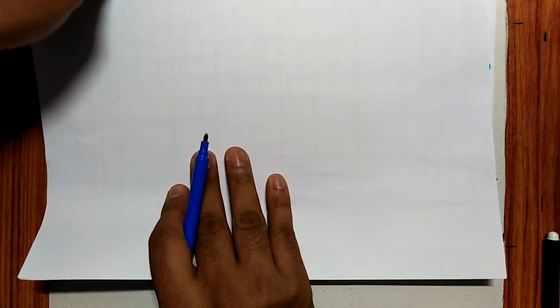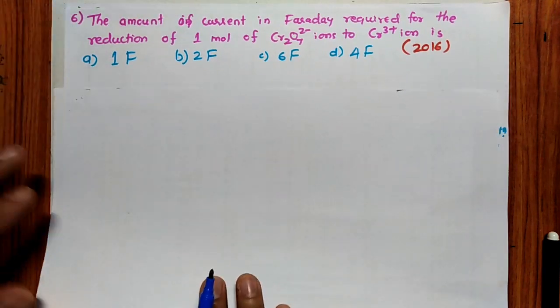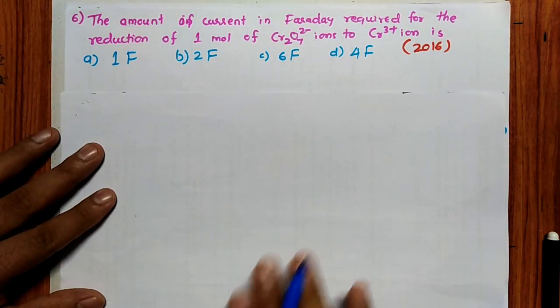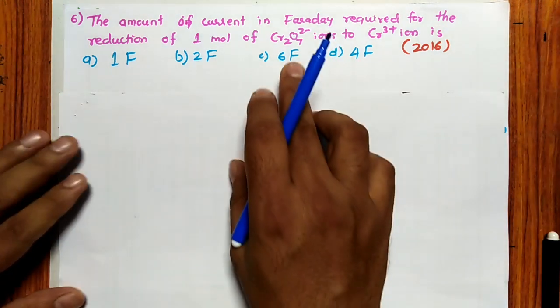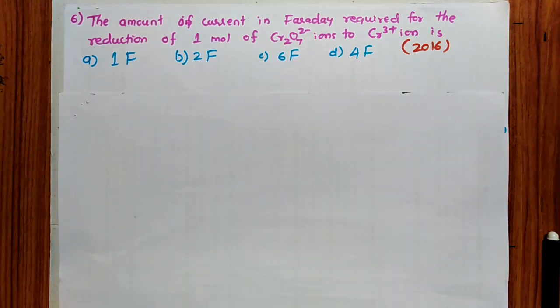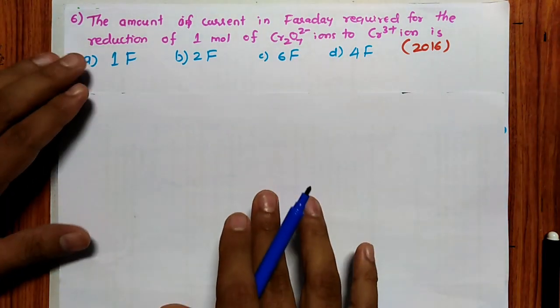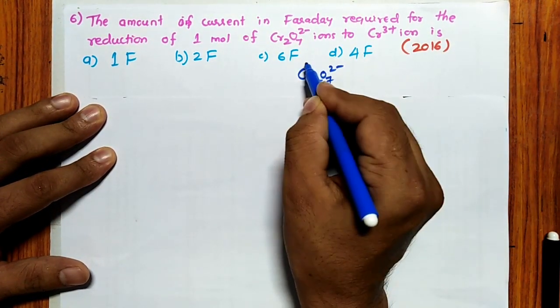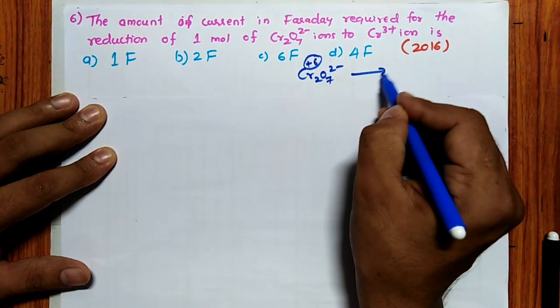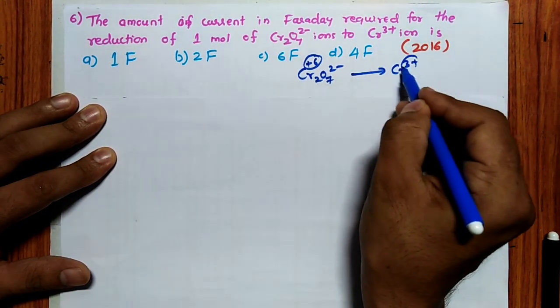Then next, the sixth question. The sixth question is once again on Faradays. The amount of current in Faraday required for the reduction of 1 mole of Cr2O7 2 minus ions to Cr3 plus ion is? In this particular case, once again conversion: Cr2O7 2 minus, plus 6 oxidation state, is converted into Cr3 plus, plus 3 oxidation state.